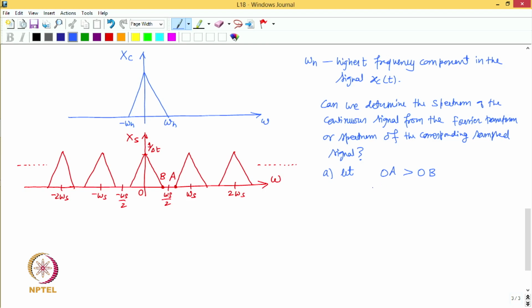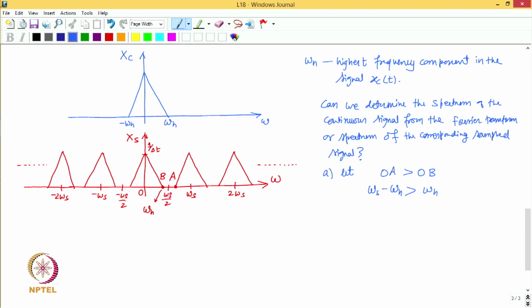That is nothing but omega s minus omega h, because this frequency here is omega h, and therefore the OA distance is omega s minus omega h, and the OB distance is nothing but omega h.